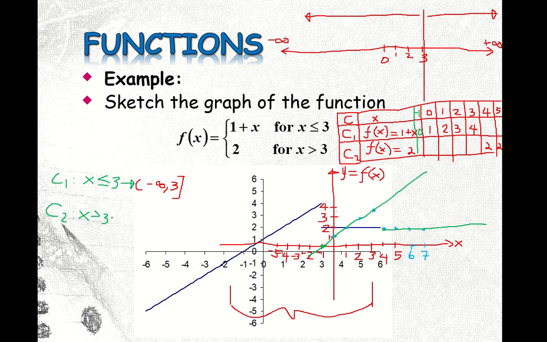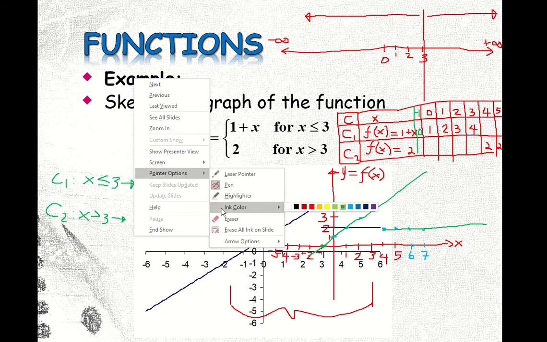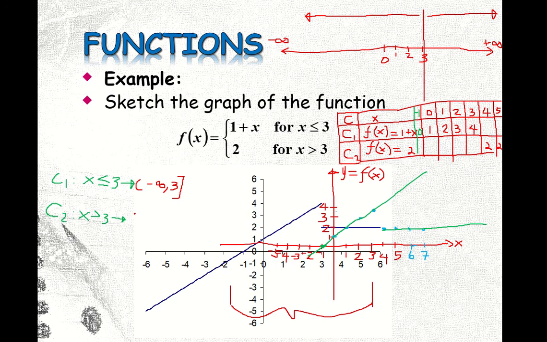So this is the same as, so greater than 3 meaning excluding the number 3. Okay, so you have here 3. So this is the other interval, 3 to positive infinity.